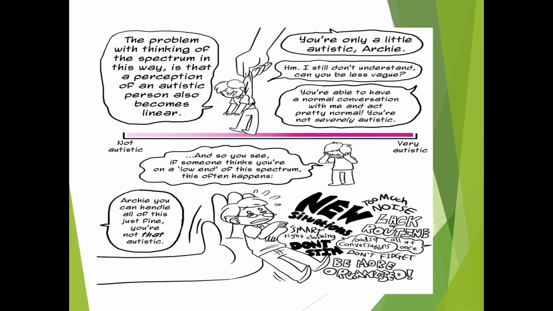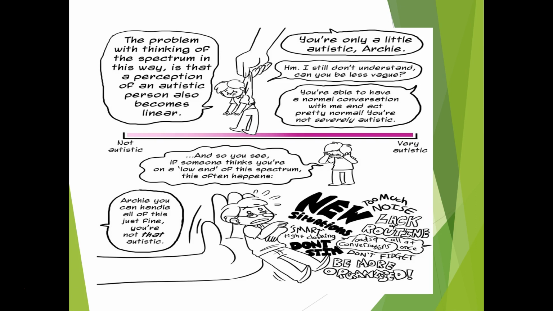So somebody's saying, probably the parent, "You're only a little autistic, Archie." And he says, "I still don't understand. Can you be less vague?" And she's saying, "You're able to have a normal conversation with me and act pretty normal. You're not severely autistic." And then down at the bottom, I'm guessing that's his mom talking to him. I could be wrong.